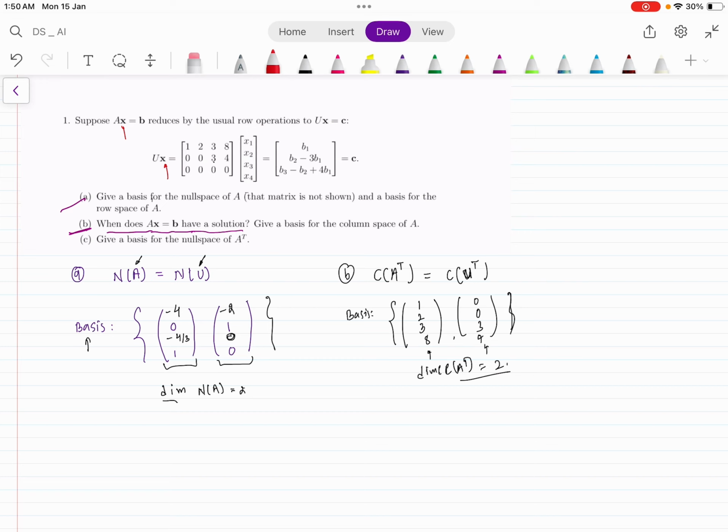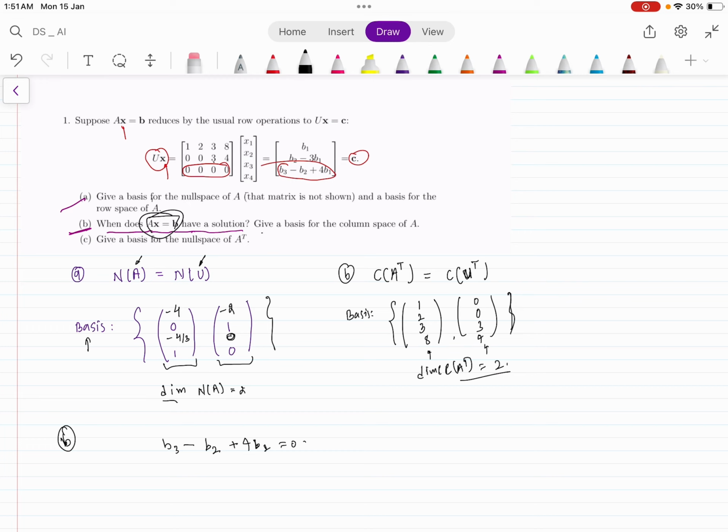So when you get the solution of Ux equals C, when you see this row where the left hand side is 0, the right should also be 0. So to answer your part B, you will have a solution of Ax equals B when B3 minus B2 plus 4B1 is equal to 0. Then you will have the solution of Ax equals B.